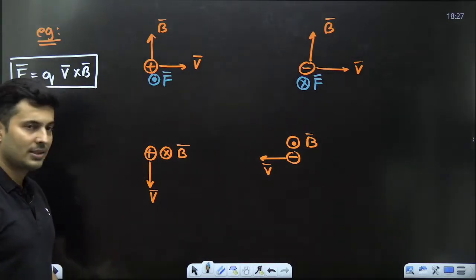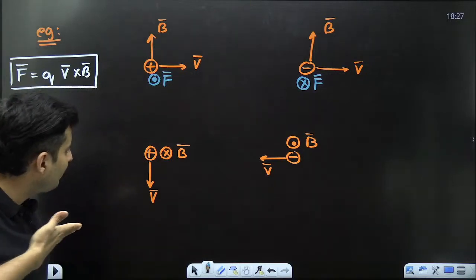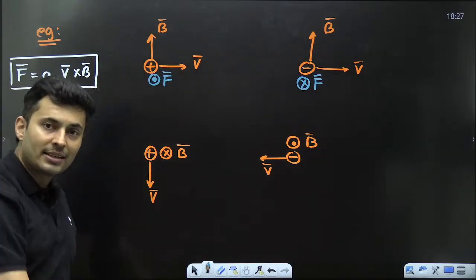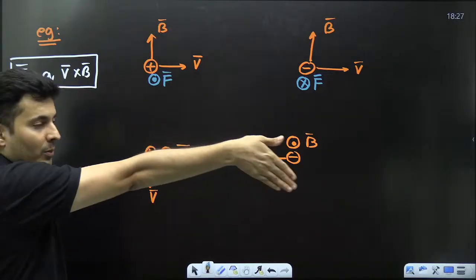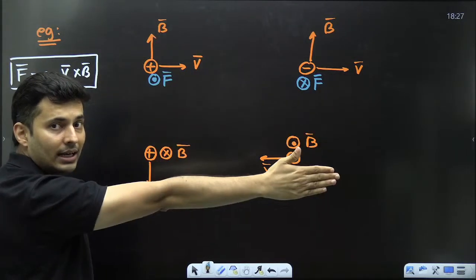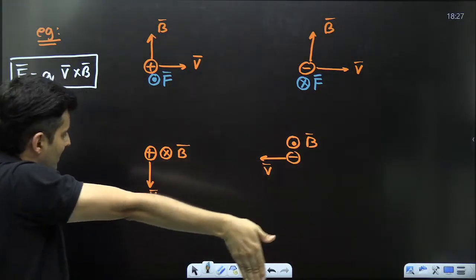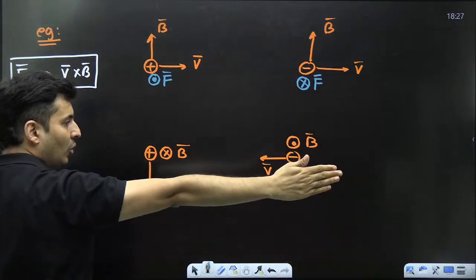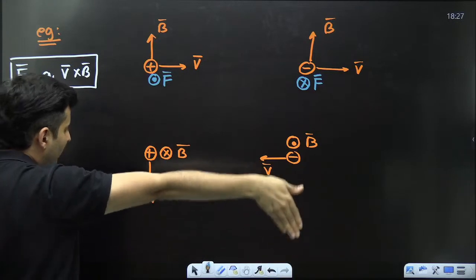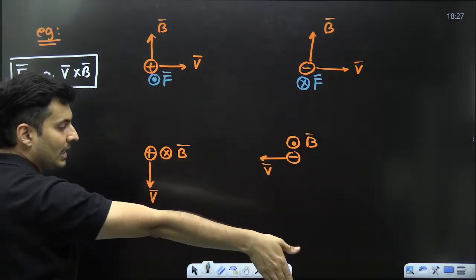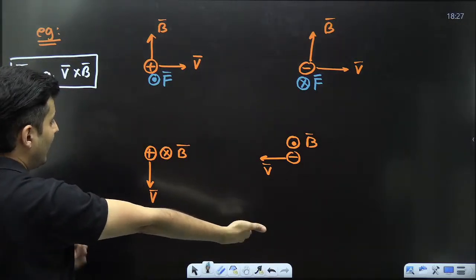Let's talk about this. Be a little bit careful. Velocity is down, magnetic field is inside. So take your right hand, first hold it normally, then point all four fingers downwards in the direction of velocity, and slowly bring it forward towards the front of you in the direction of the magnetic field.